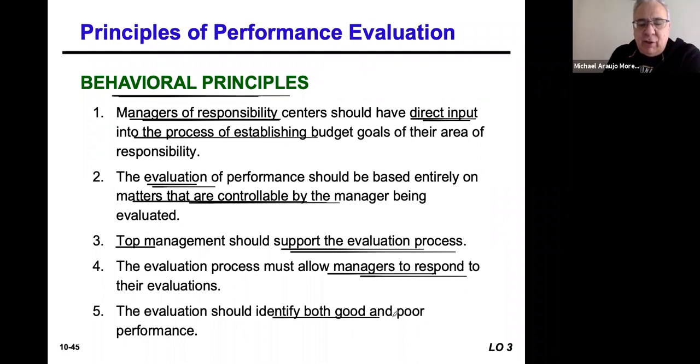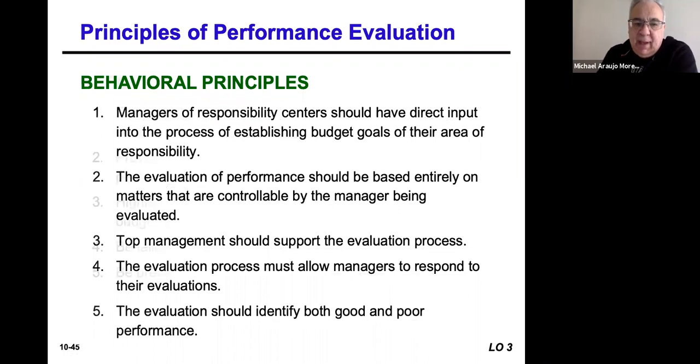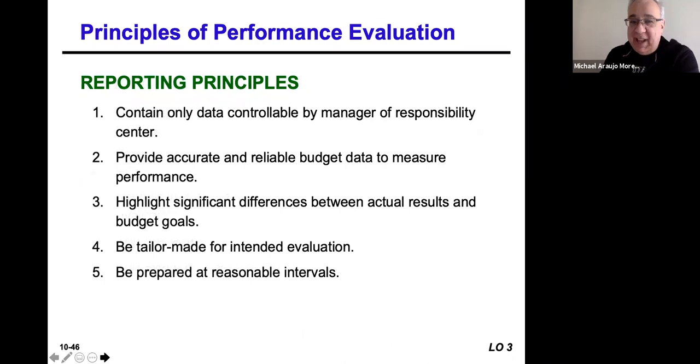And all evaluations need to do two things: highlight the things that went very, very well and at expected or above expectations, and the things that went poorly, things that were below expectations. All part of it. Again, all of these, you're being basically judged on numbers here.